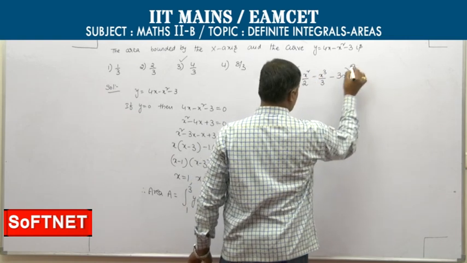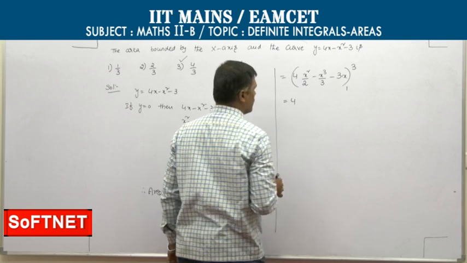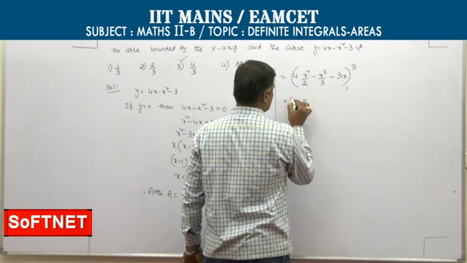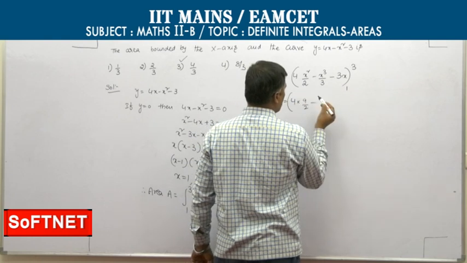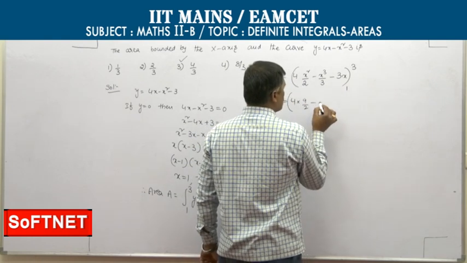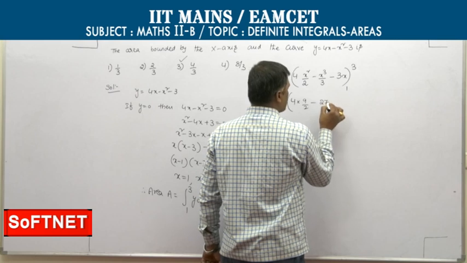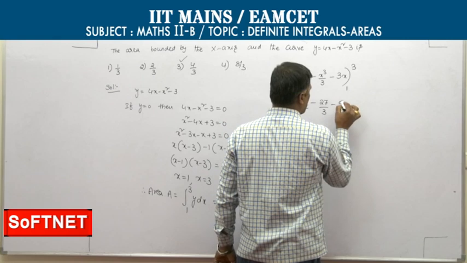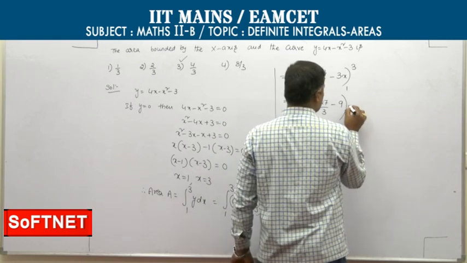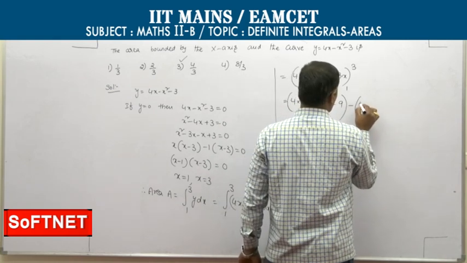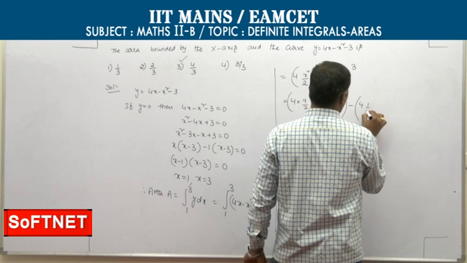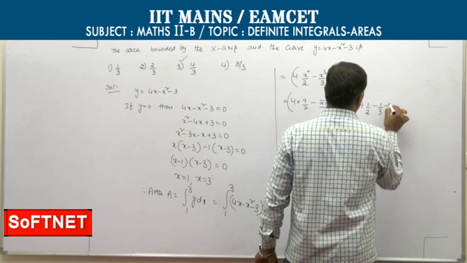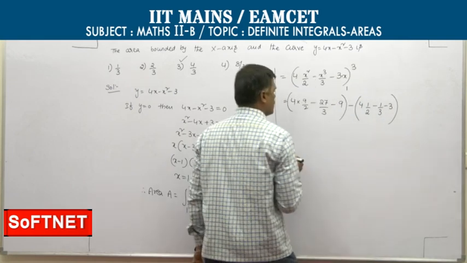Limits 1 to 3, that is equal to 4 into upper limit 9 by 2 minus 3 cube 27 by 3 minus 3 into 3, 9, upper limit minus lower limit: 4 into 1 square, 1 by 2, minus 1 cube, 1 by 3, minus 3 into 1, 3.